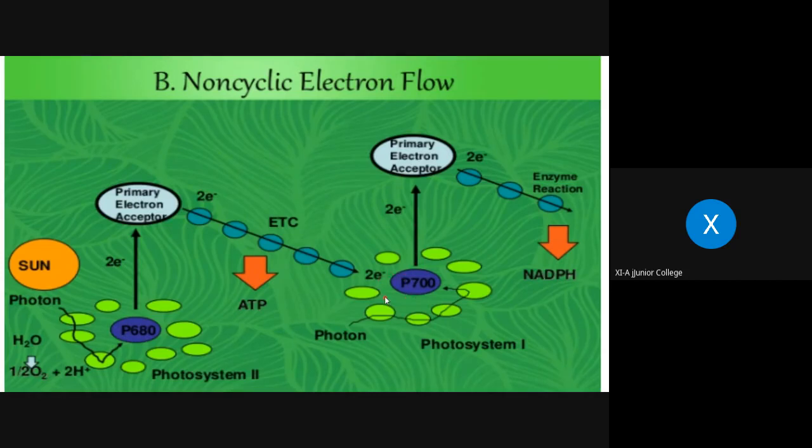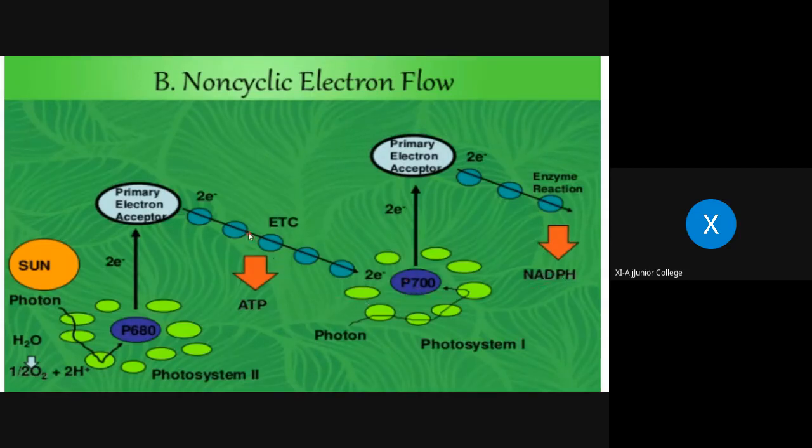Now pigment system 1 again receives photons from accessory pigments and sunlight. From the chlorophyll A of pigment system 1, electrons are released, accepted by the primary electron acceptor, and again pass through a chain of electron acceptors. During that process NADPH is produced.